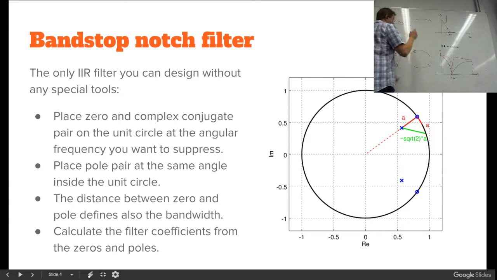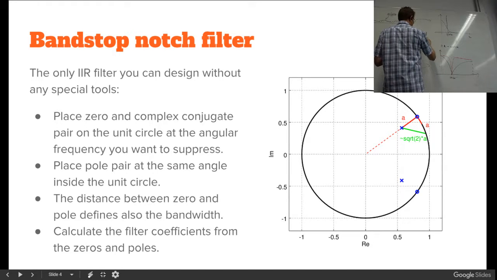Furthermore, remember the amplitude response has also this graphical explanation: e to j omega distance to zero, e to j omega distance to pole.